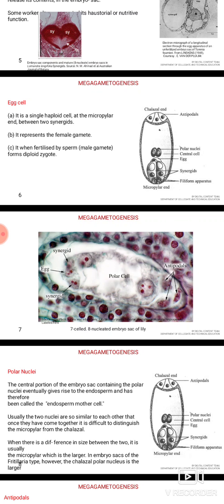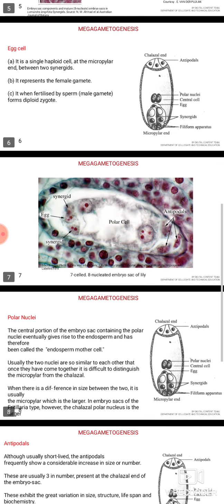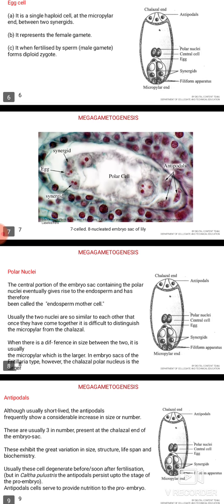Usually, the 2 nuclei are so similar to each other that once they have come together, it is difficult to distinguish the micropylar from the chalazal nuclei. When there is a difference in size between the 2, it is usually the micropylar one which is larger. In the embryo sac of Fritillaria type, however, the chalazal polar nucleus is larger.